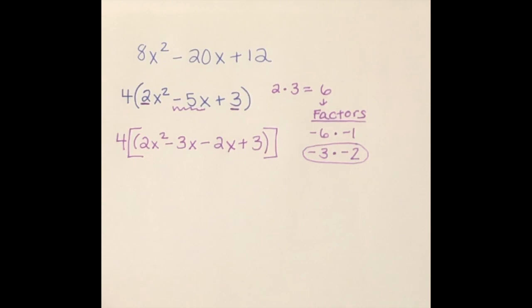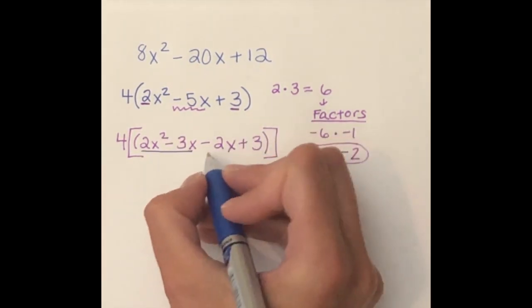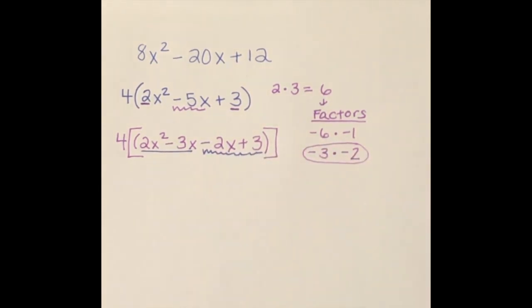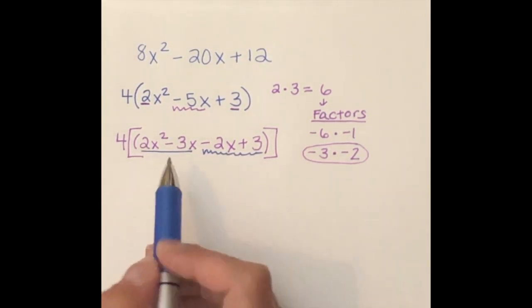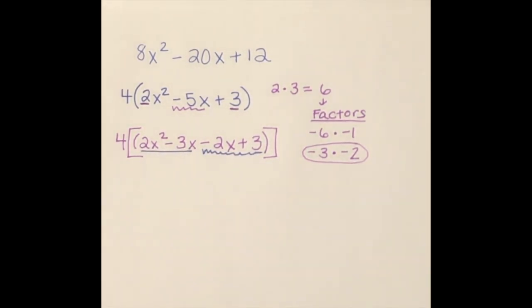All right, so now it's just factoring by grouping. We know how to do that. So I'm going to group these 2 terms together, and group these 2 terms together, and I'm going to make sure that I take the signs with them. When I think about greatest common factors of 2x squared and negative 3x, I'm going to pull out an x.